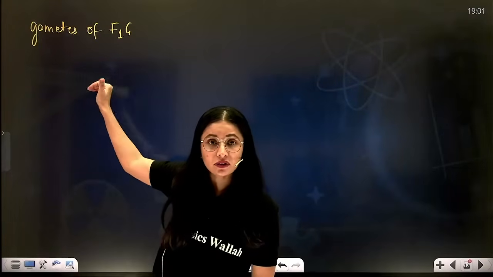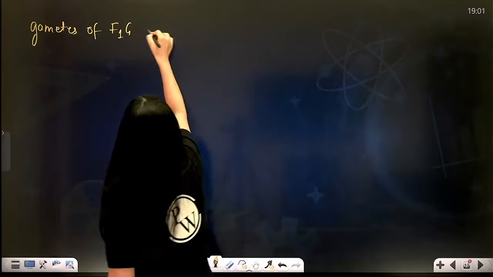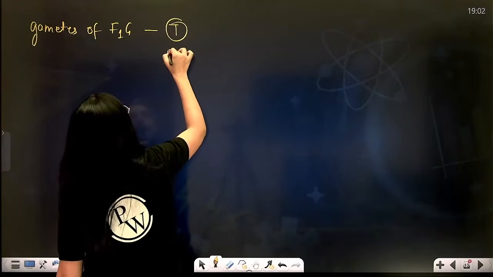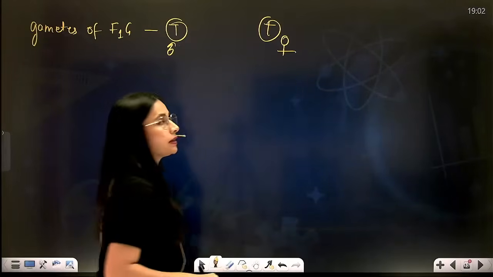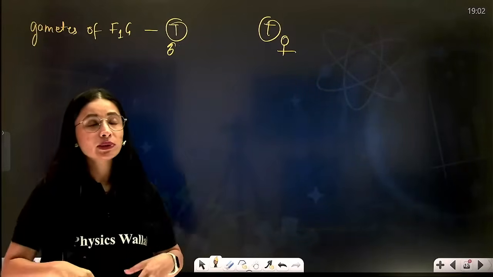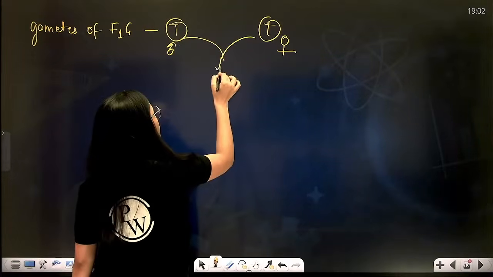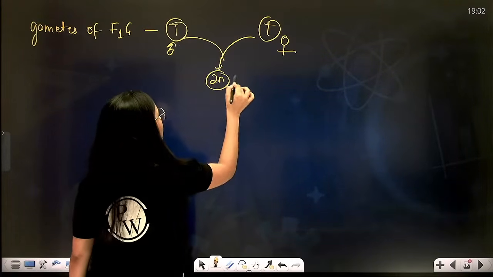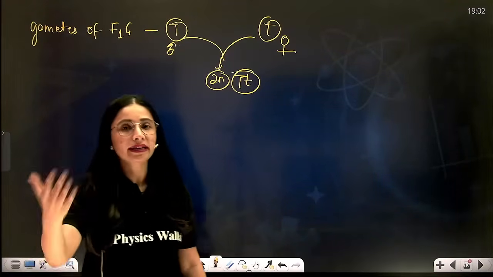This is the first generation of offspring which we are going to obtain. The gametes from the male are this and from the female are this. Now, what will happen? The gametes will be made to fertilize, and zygote will be produced.